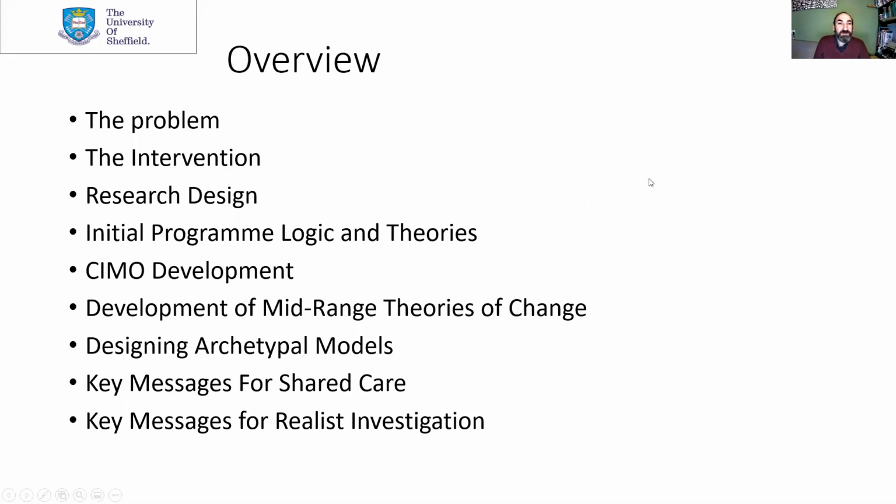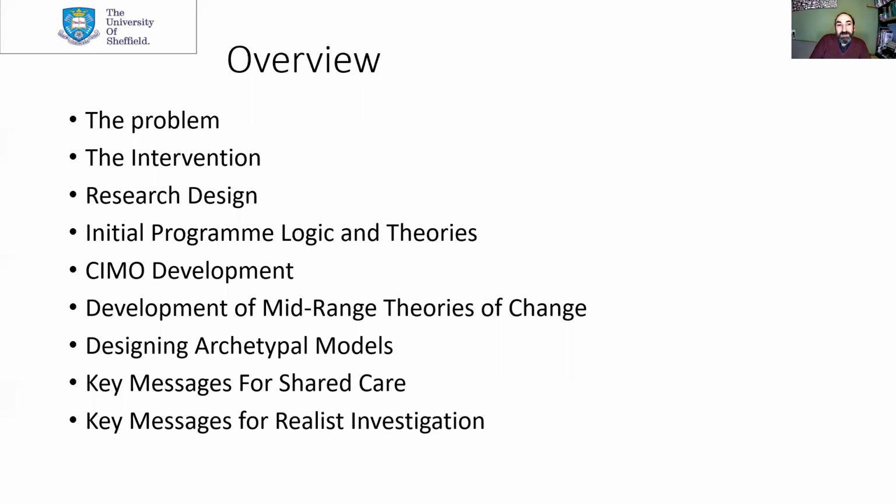So it's an overview of the presentation. I'm going to be talking about what the problem is, introducing briefly the intervention, the research design, and then starting to work through looking at how the findings were developed and how the analysis developed.